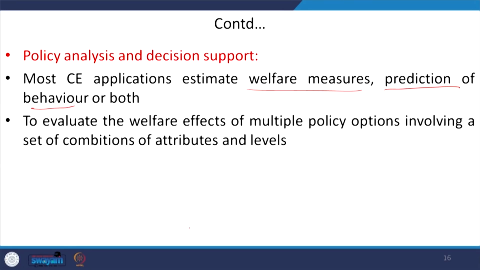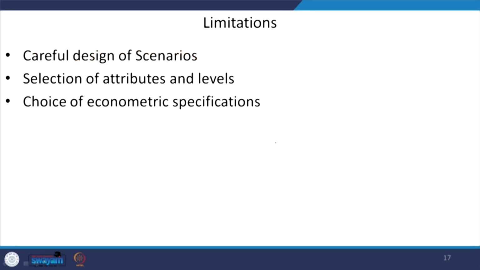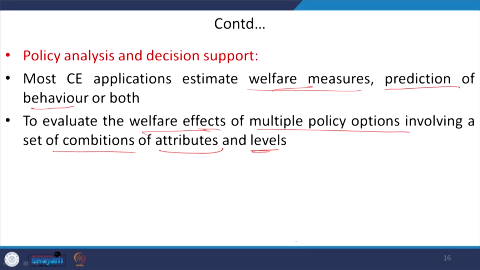And to evaluate these welfare effects, multiple policy options are involved, involving a set of combinations of attributes and also the levels. And although we got to know that the choice experiment is better than the contingent evaluation method, still the choice experiment method suffers from certain issues.